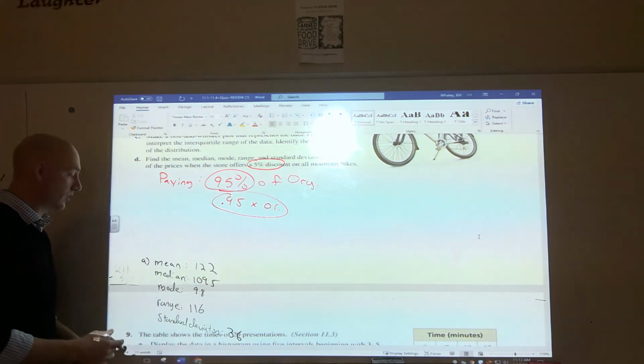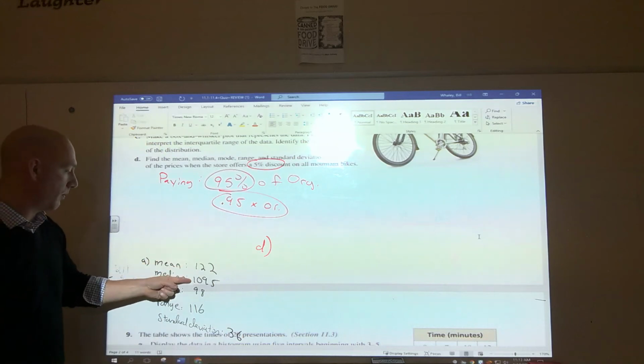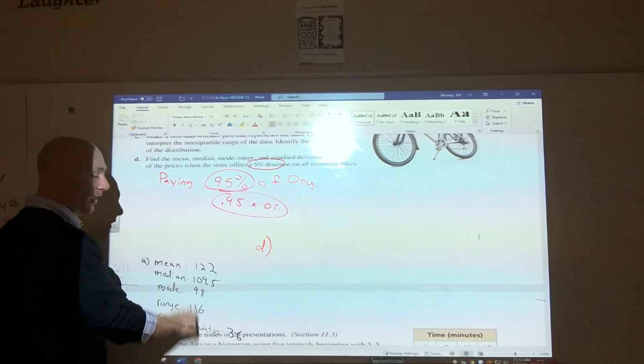Well, as we saw before, now we're in part D. When you multiply every single number, you just go to your calculator. Here are our originals.